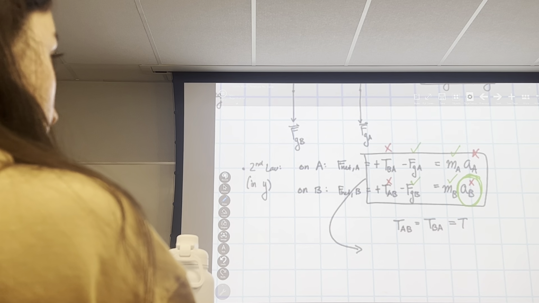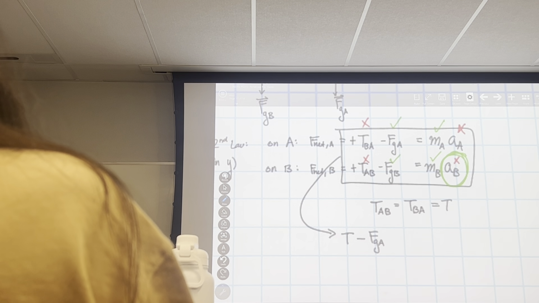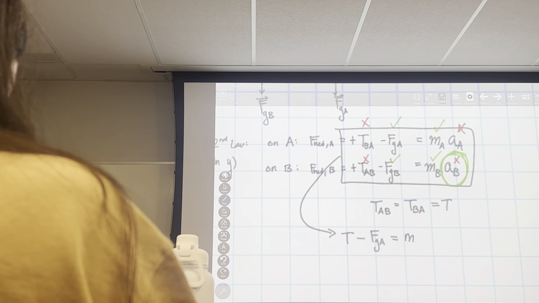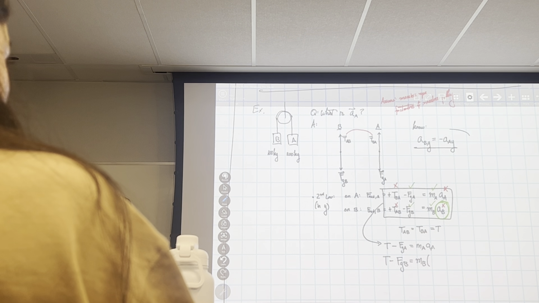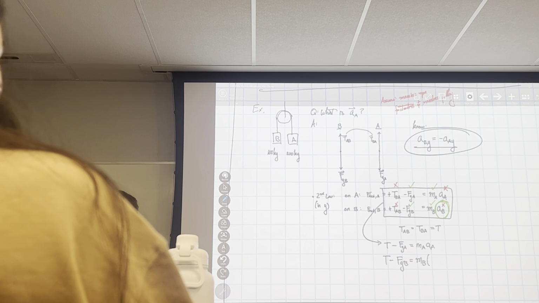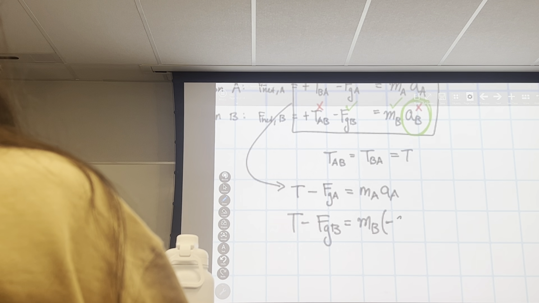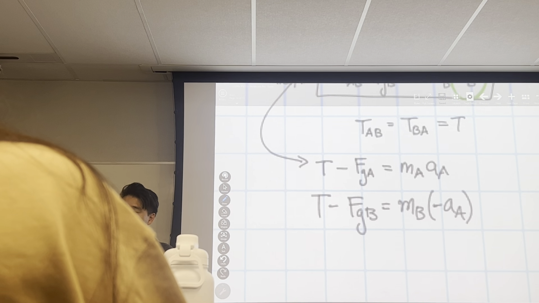With this in mind, these 2 equations become T minus FGA is equal to mass of A times the acceleration of A. Also, we get T minus FGB is equal to mass of B times, now we applied the acceleration constraint, that the acceleration of B is negative of acceleration of A. Now let's reassess.